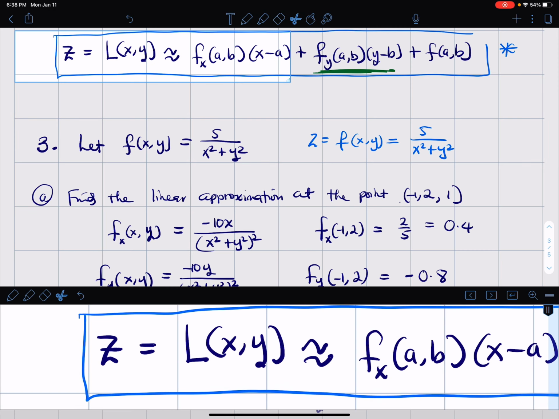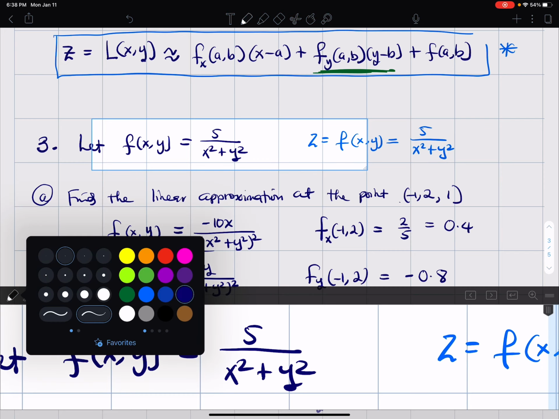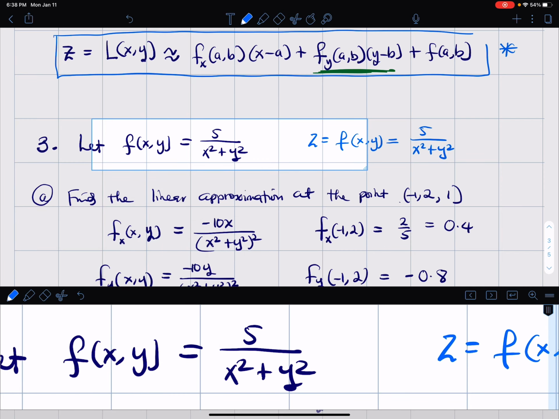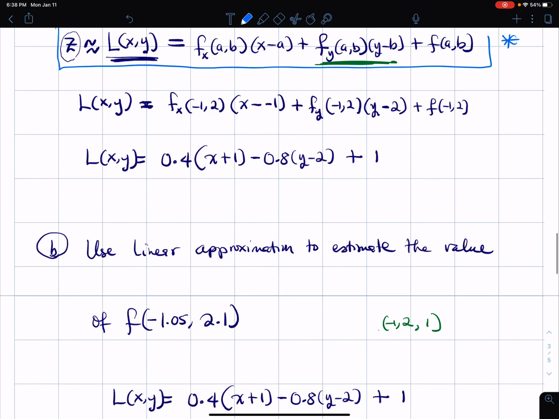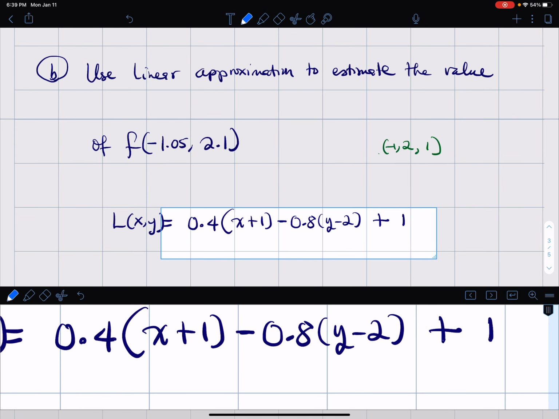For the computer, you're performing division, two exponents, you're adding them together and you're dividing. Here all you're doing is multiplying and adding. Multiplication and addition are very computationally efficient. So that's why linear approximation is good.